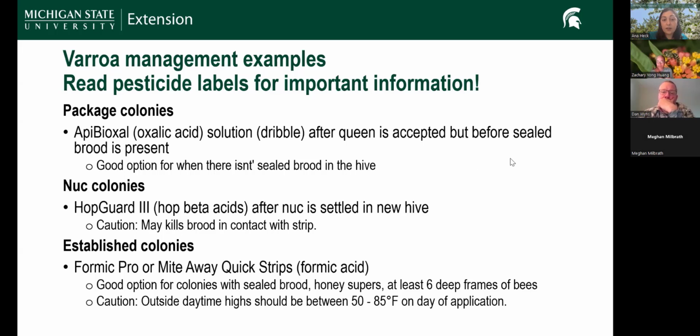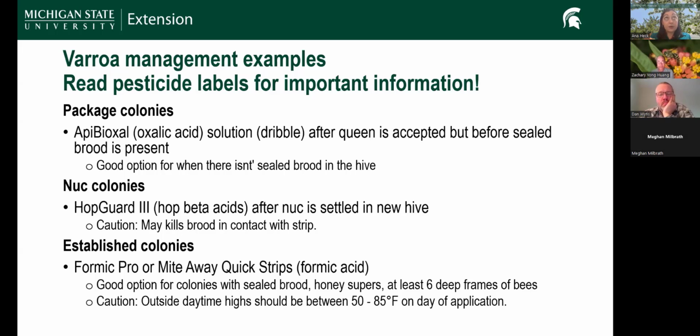Another consideration, if you have a nucleus colony or a nuke, you might consider something like a Hopguard treatment. Hopguard can be used when you have honey supers on. It also can be used in smaller colonies. In my personal experience using the Hopguard product, there are these brown cardboard strips that have the solution with hops beta acids on them.